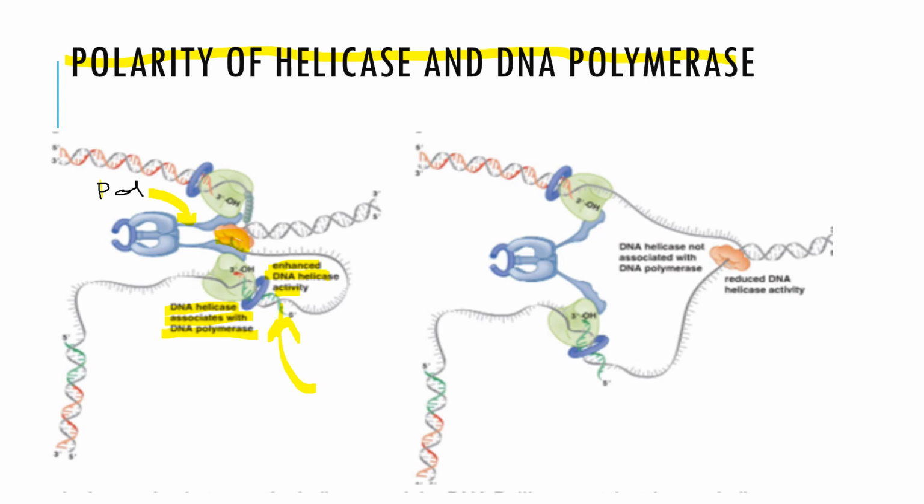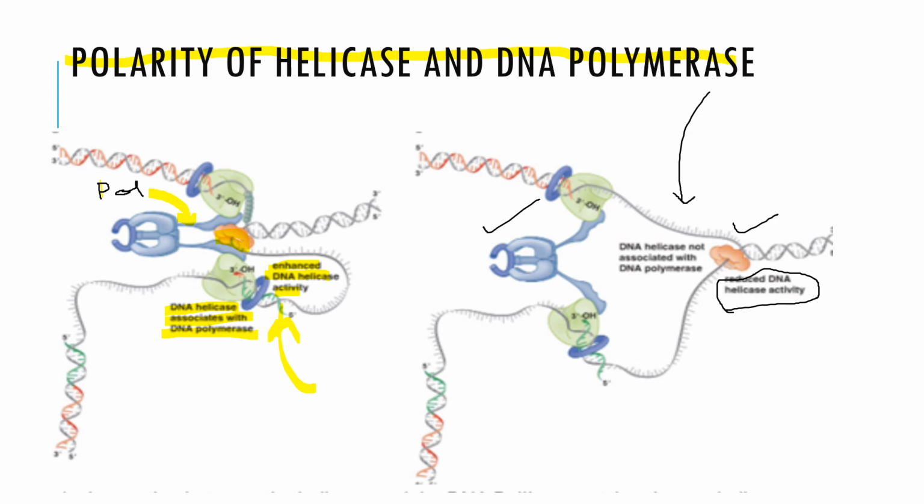But as you can see in this diagram, there is no association between helicase and the DNA polymerase. In that case they are apart from each other. If they are apart from each other, the helicase activity will be reduced. If they are working together, the process of polymerization will go smoothly.